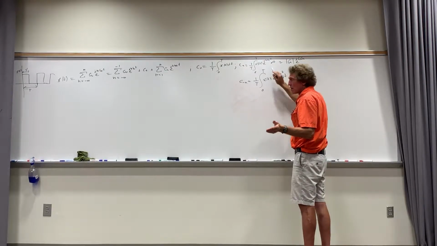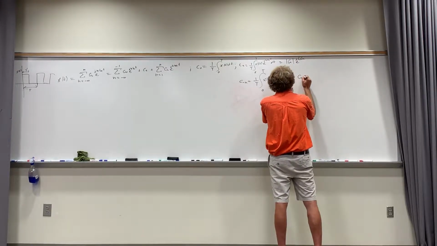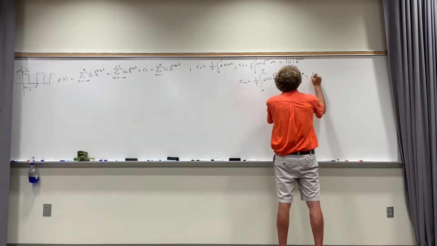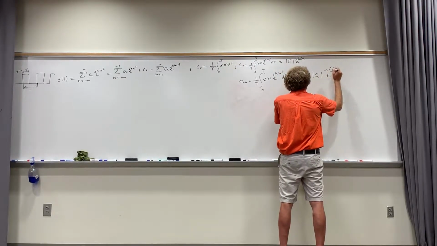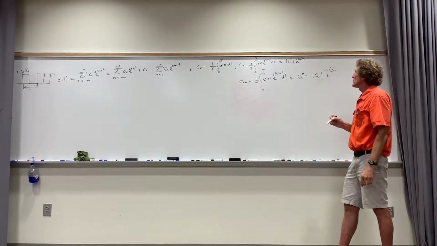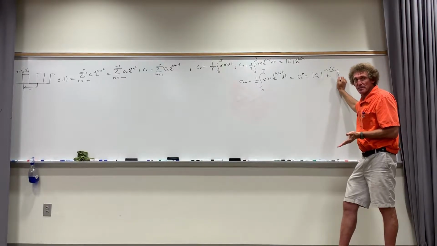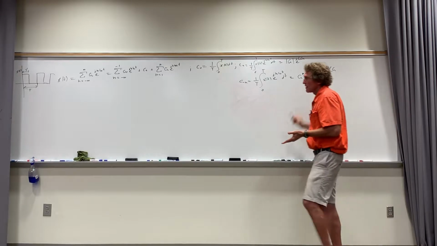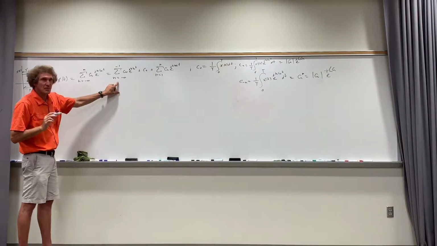Well, when you do this, that's really C of n conjugated, or it's magnitude of C of n e to the minus j angle of C of n. So it's the same magnitude as the C of n above, only when it's negative, the angle gets a negative sign associated. You follow? This is important. You all understand that, class? Now, if I come back here, here's what I'm going to do.